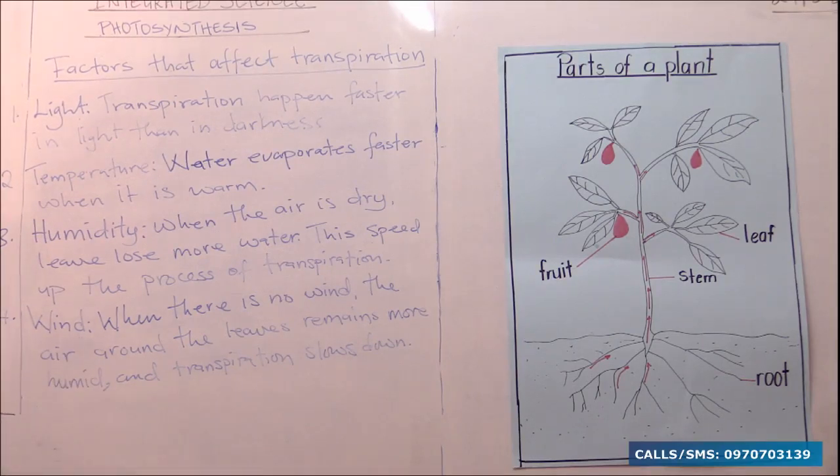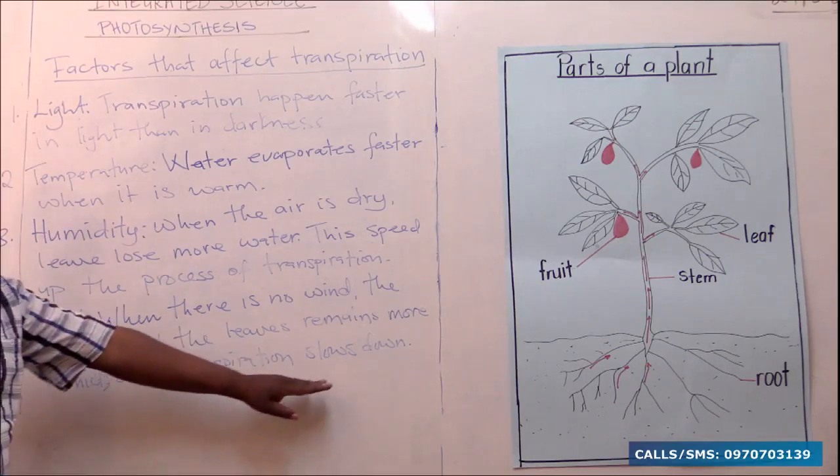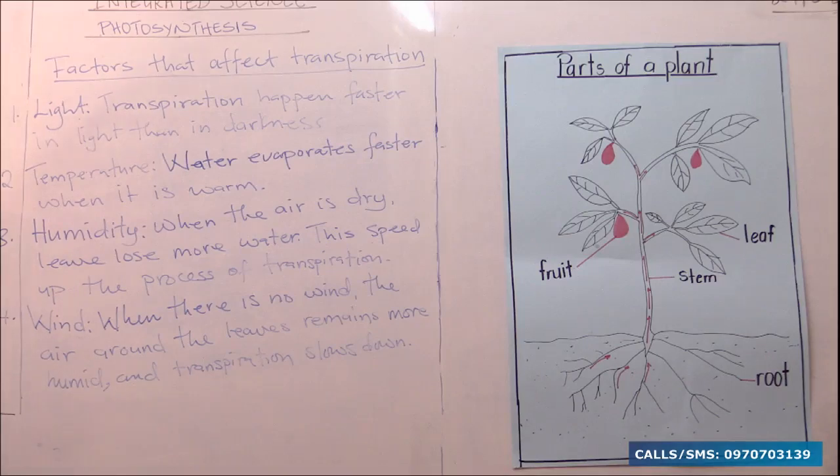When we talk of humid, we said dry air speeds it up. So it means more humid air slows down the process of transpiration.